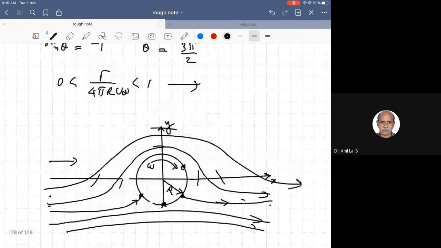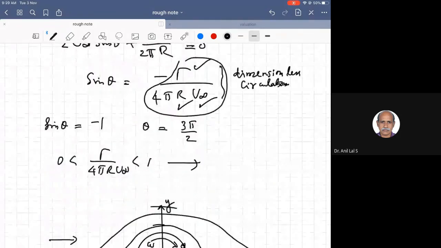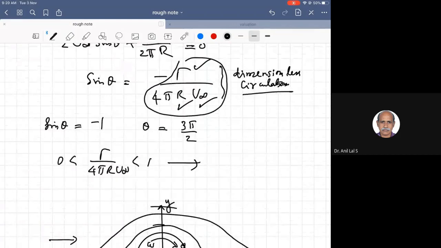And there is one more possibility, when this dimensionless circulation can have a value greater than 1. So we can adjust gamma, r, u infinity in such a way that gamma by 4 pi r u infinity is greater than 1. So in that case, there is no theta on the surface of the cylinder for which you can find a point where the velocity becomes equal to 0.